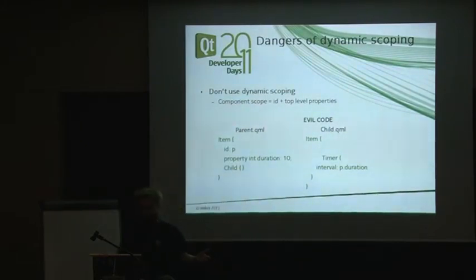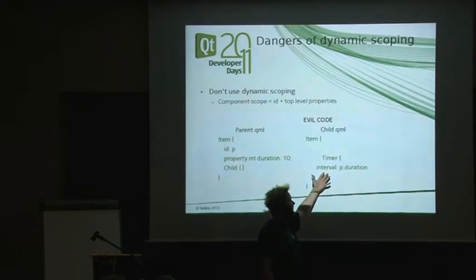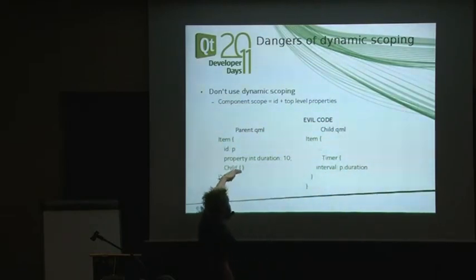That happens. Okay, to explain the code a little bit: the child needs an interval for its timer, and he normally gets that from its parent. And in the past, this was written down here. This was called item, and all the code over there was here.